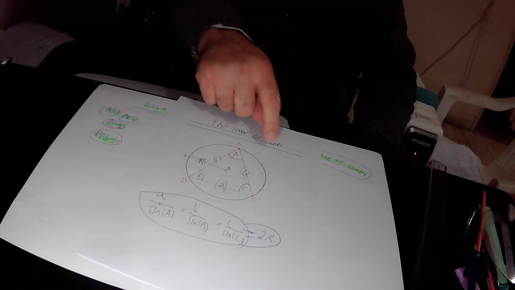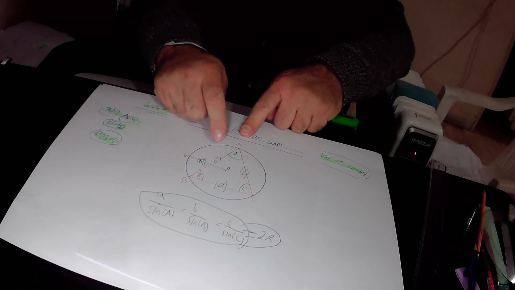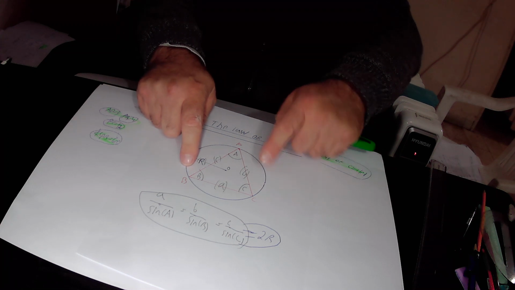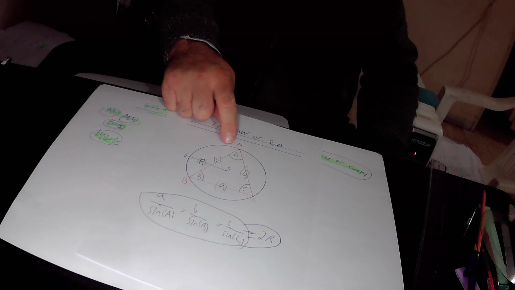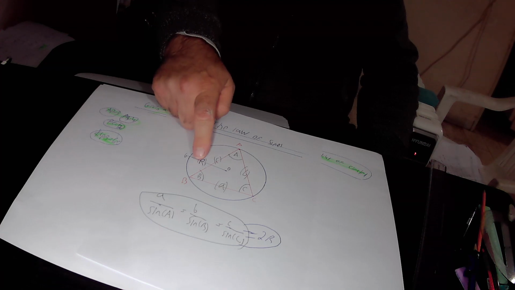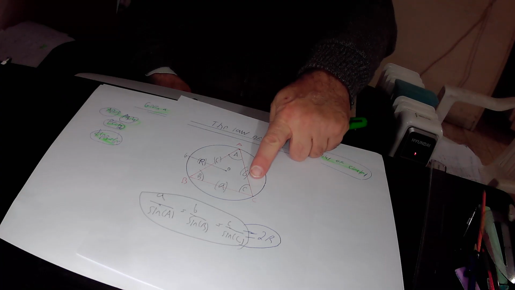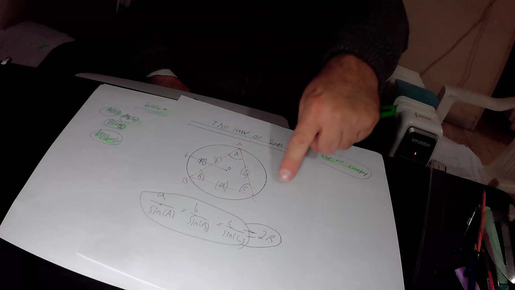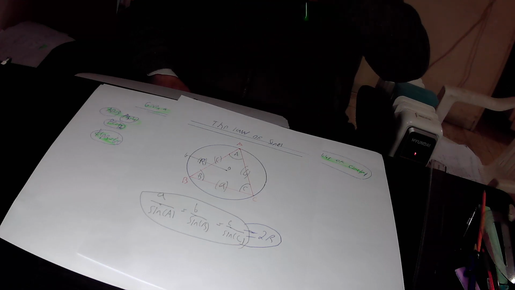This is triangle ABC that could be any triangle. The length of side AB is c units, side AC equals b units, and side BC equals a units. Angle BAC equals capital A, angle ABC equals capital B, and angle ACB equals capital C. And the radius of the circle that circumscribes this triangle ABC is equal to R.